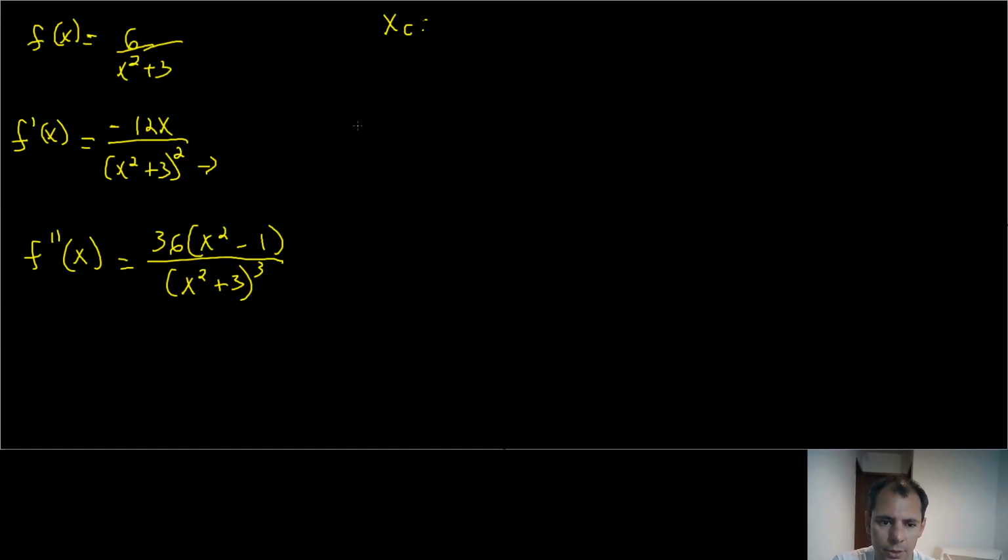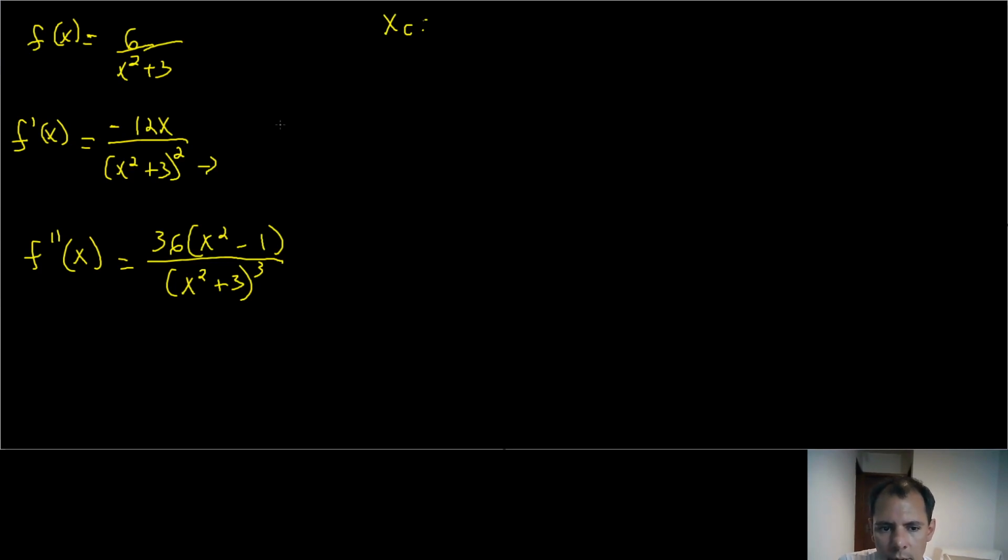But it's x squared plus 3. This plus says that the denominator is safe. It's never going to be 0. So you don't have to worry about critical points where the first derivative doesn't exist. The first derivative always exists in this function.